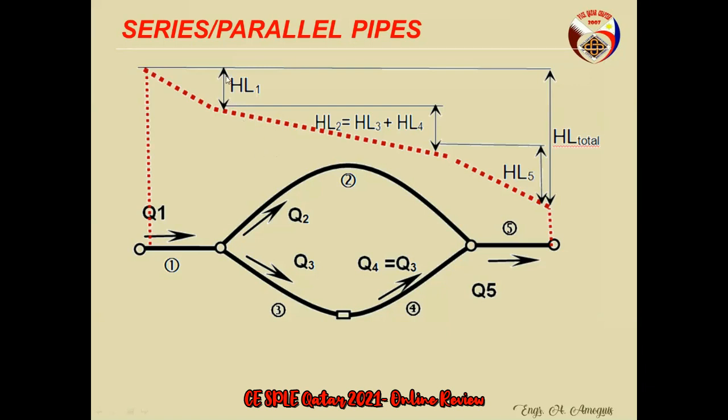Ngayon, ganito lang. Look at pipe 1. So, energy grade line goes down in the direction of flow. Kaya nagkakaroon siya ng downward trend dahil ang flow is to the right. So, yung energy grade line is going downward, and ito yung head loss 1, right?